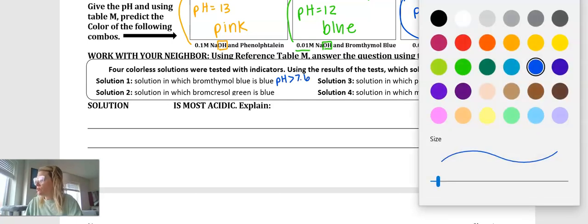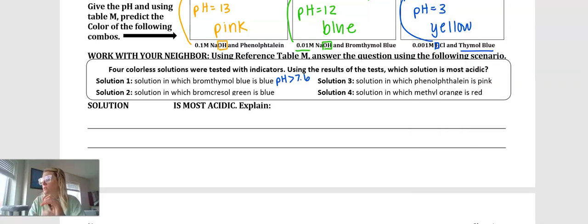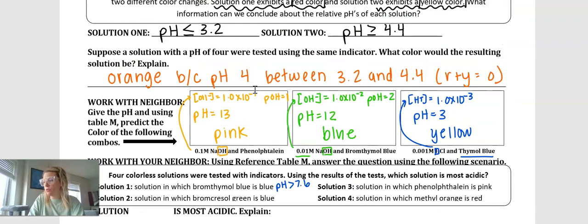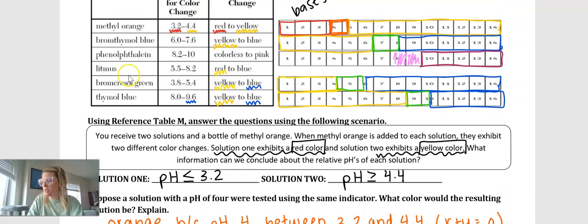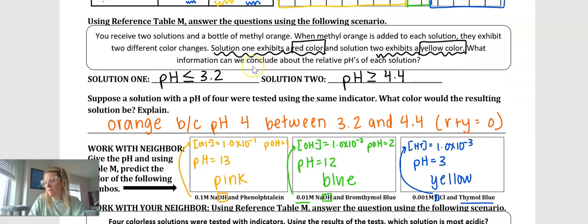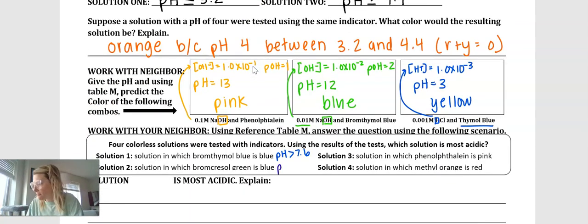Okay, solution 2 is tested and Cresol Green is blue. So Cresol Green is blue, which means our pH is greater than 5.4. Solution 3 is tested and phenolphthalein is pink.